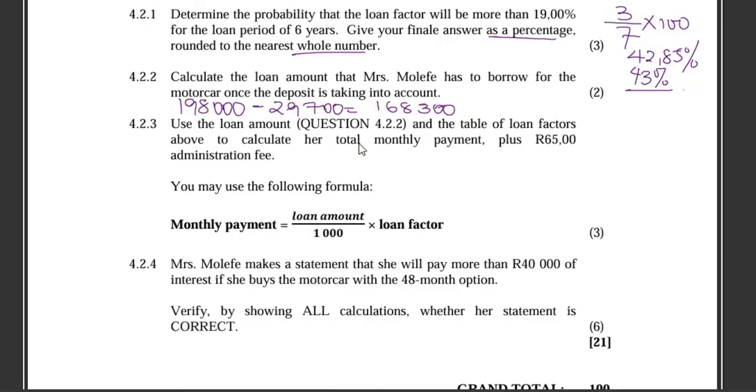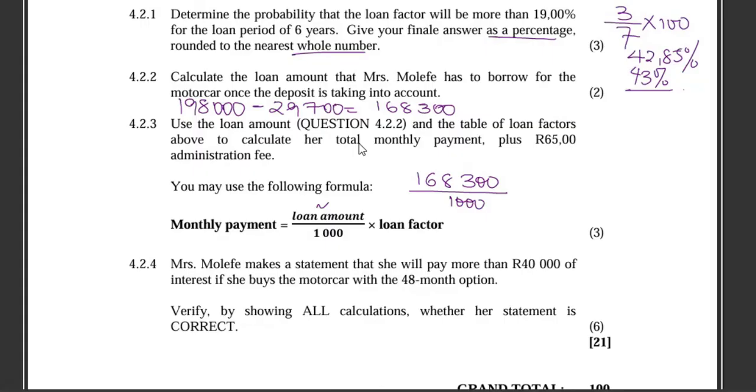Okay. Use the loan amount in question 4 and the table of the loan factors above to calculate her total monthly repayment plus 65 admin fee. So the loan amount, we've already got it as 168,300. We shall divide this by 1,000.